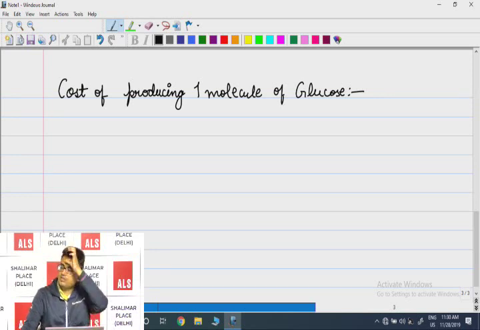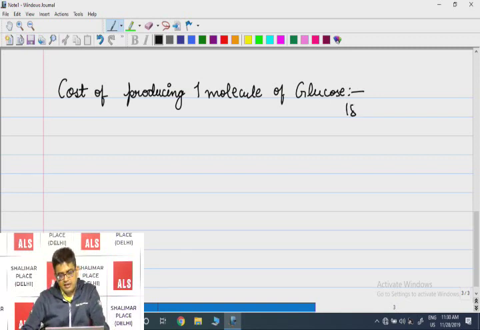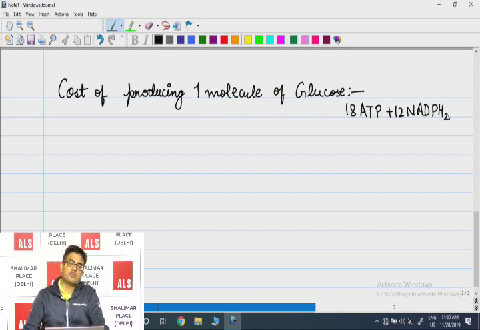What is the cost? It's 18 ATP and 12 NADPH2. To make one molecule of glucose, we require 6 molecules of carbon dioxide. That you already know, but the energy requirement and the reducing power requirement is this much.